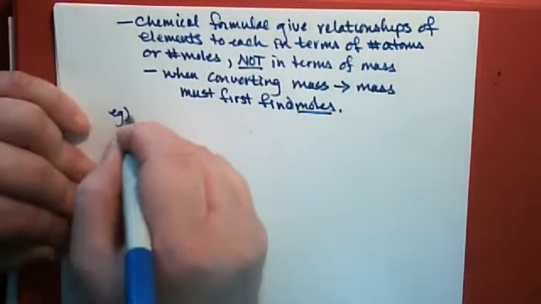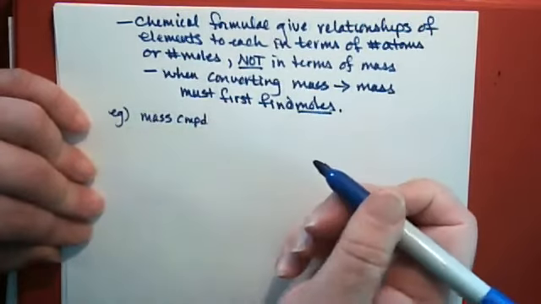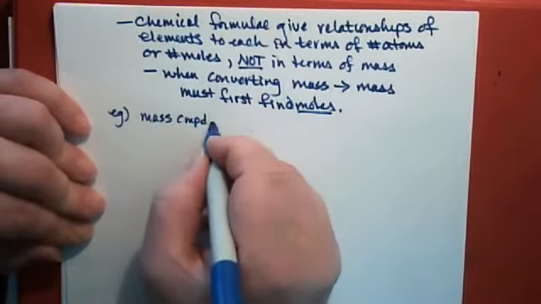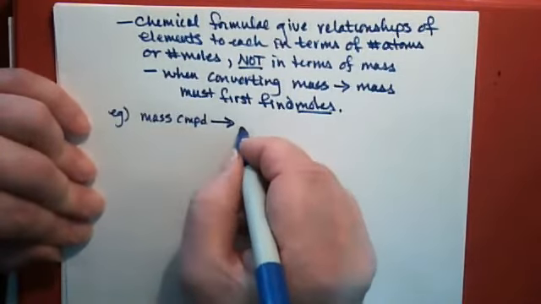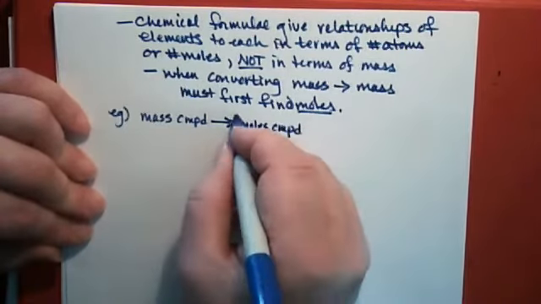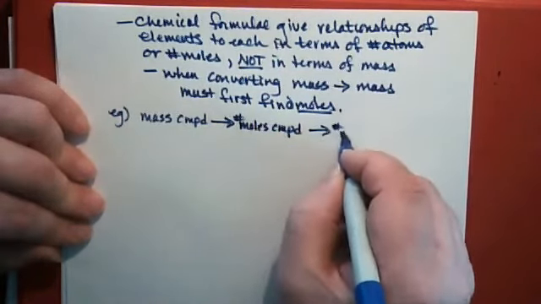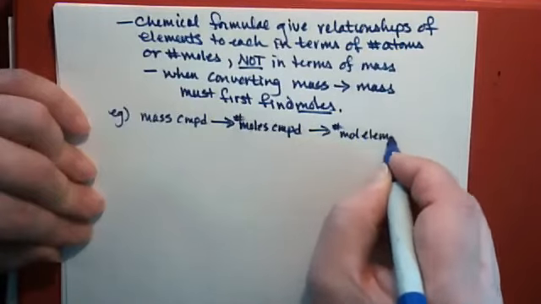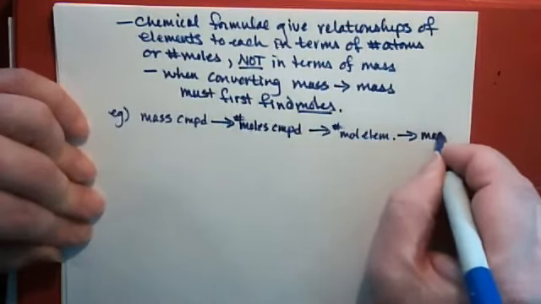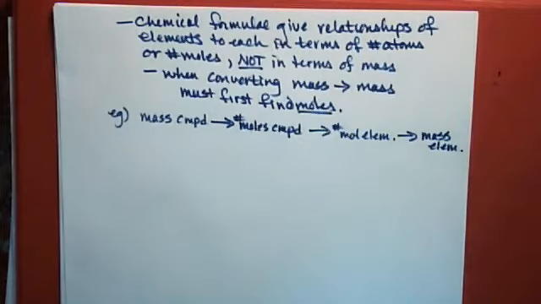So, for example, if you want to convert from the mass of the compound to the mass of an element in the compound, you would have to take the mass of the compound and find the number of moles of the compound. Then you can find the number of moles of the element present in the compound. Then you can find the mass of the element.